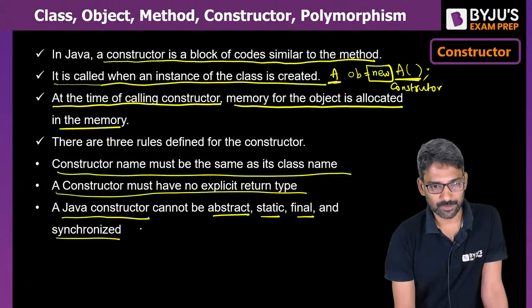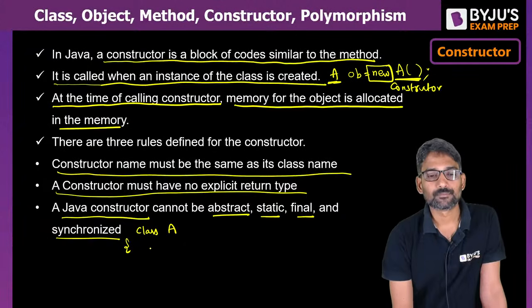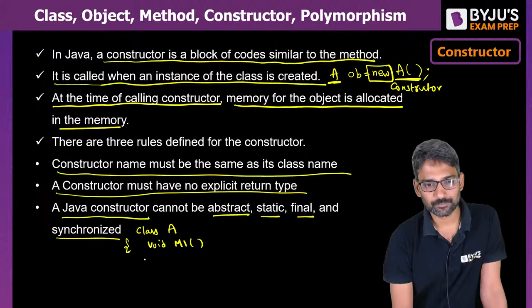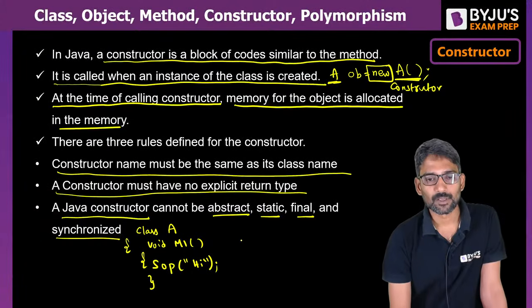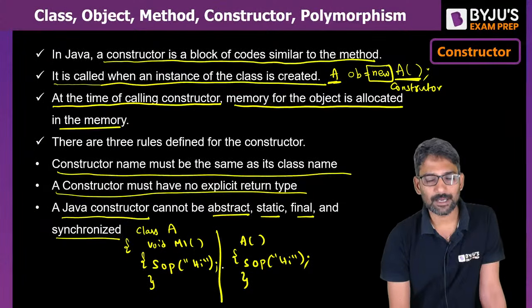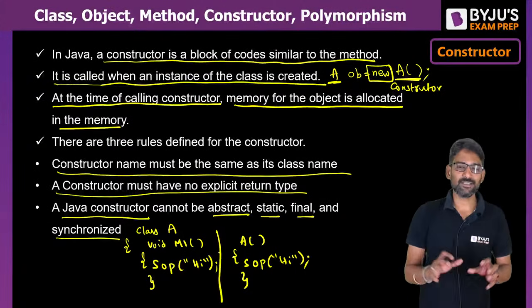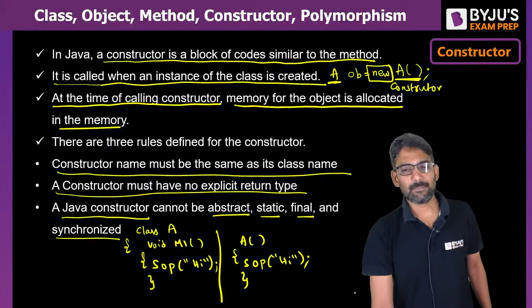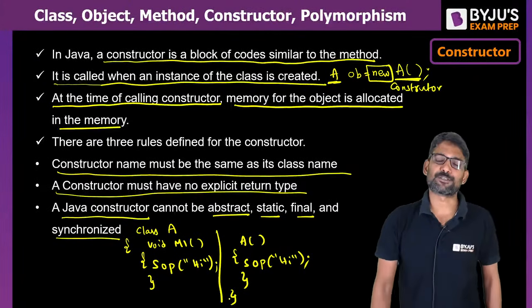I'll give one example. Class A, void M1, system.out.println hi, A, system.out.println hi. You see, M1 and A, I have written almost in the same way, in the same manner I have defined both the methods.